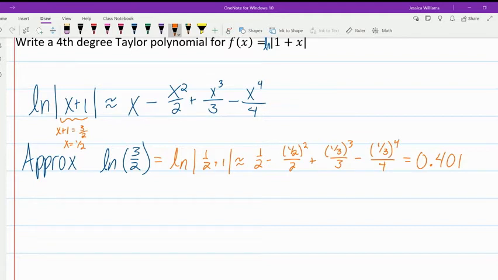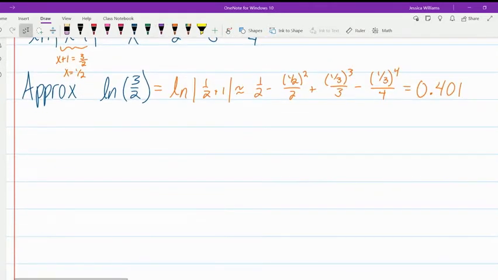But now the question is, how good of an approximation is it? I feel like it should be pretty good because I've got 4 terms. That's a pretty complicated polynomial that's being used to approximate this curve. If it was only a couple terms, it probably wouldn't be as good. But here's how we're going to find error. Now, what we're finding is not the exact error. So listen to this.